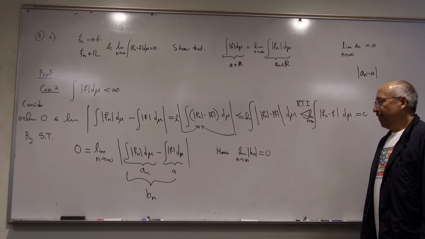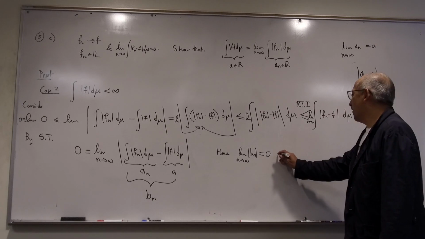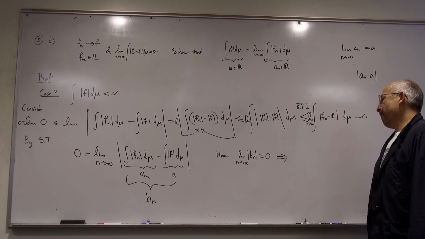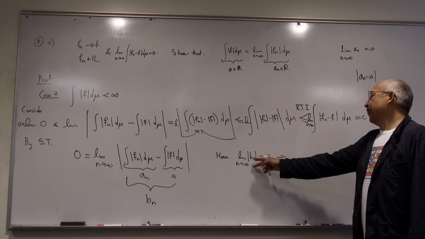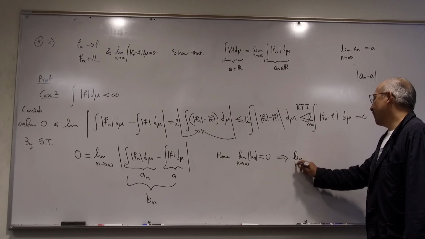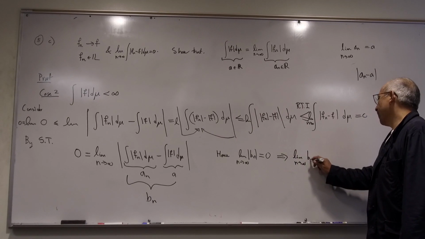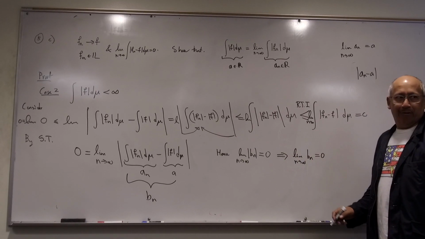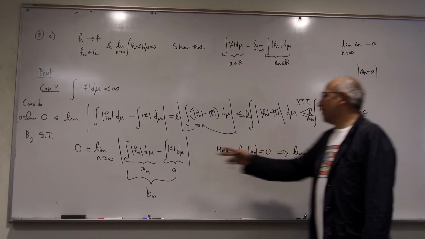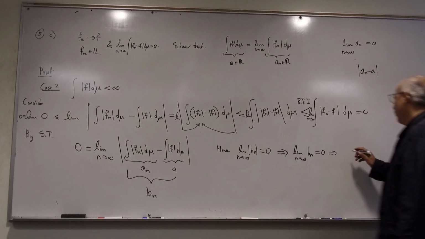Yes. Hence, if the limit of the absolute value of something is equal to 0, the limit without the absolute value, what do you guys think? It's equal to 0, right? So we can go ahead and remove the absolute value.